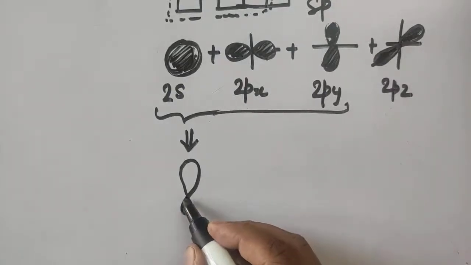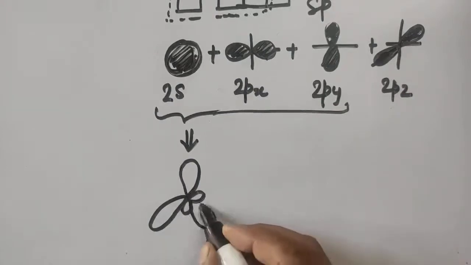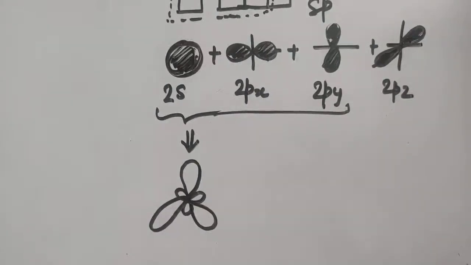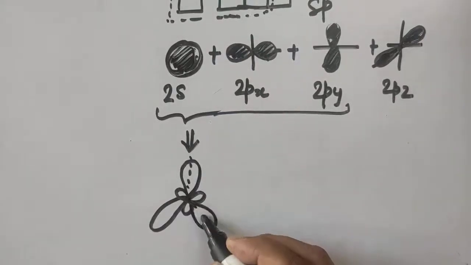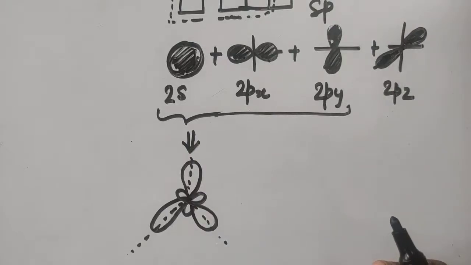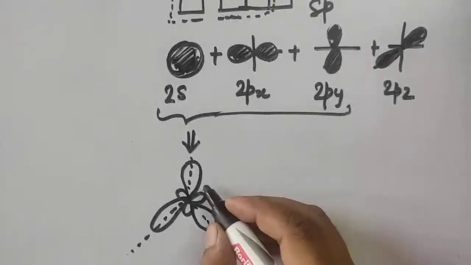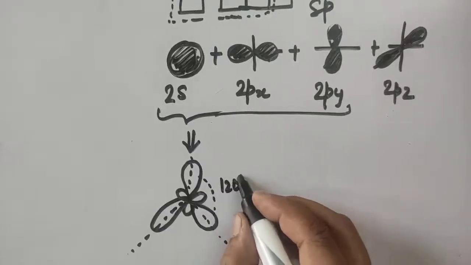So the orientation will be a trigonal planar arrangement. This is the orientation: 3 sp2 hybrid orbitals, and the angle between the orbitals will be 120 degrees.